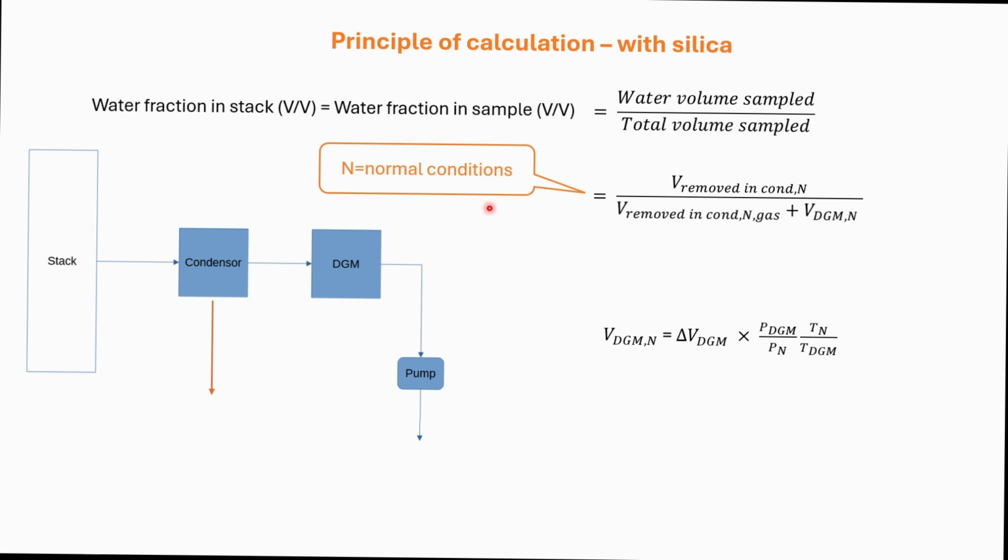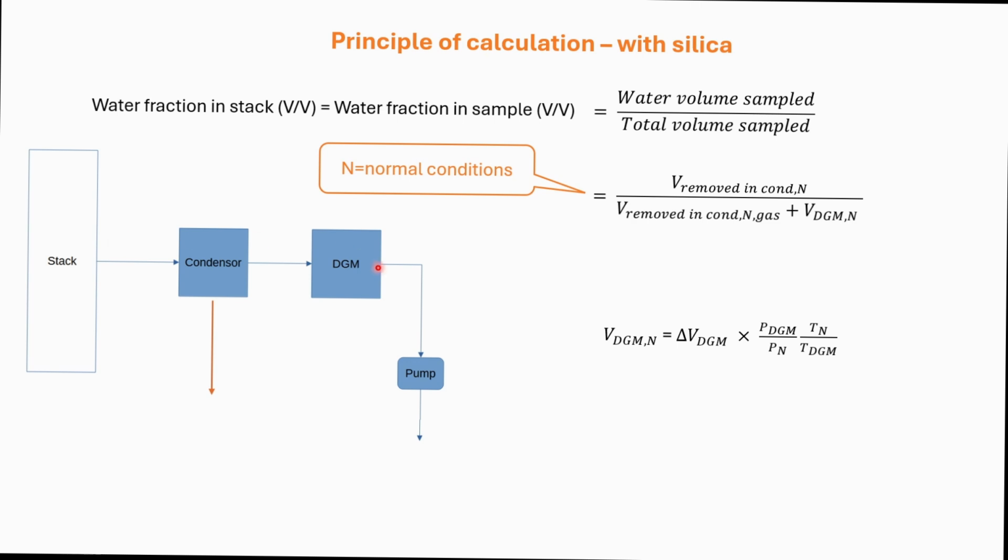You'll see that we work at normal conditions because these things are based on a mass balance, and gas volume can only be used in the same sense as a mass balance if you're working at the same conditions. That's why we're going to work out our normal conditions. So we take the volume of our dry gas meter, the final minus the initial of a test. That's our change.